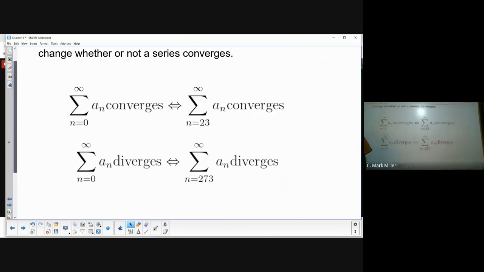So in improper English, infinity minus a number is still infinity. If it diverges, it's going to diverge plus or minus any number. And this little double arrow means if and only if. If you can show the tail of a series diverges, then that series is going to diverge no matter where you start.